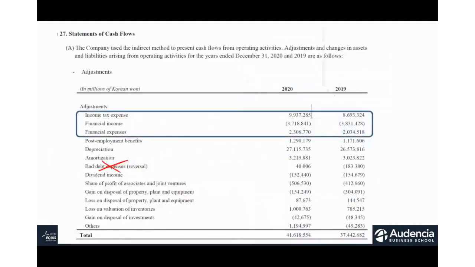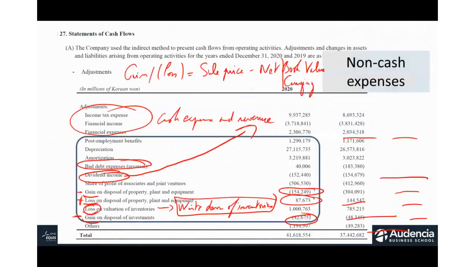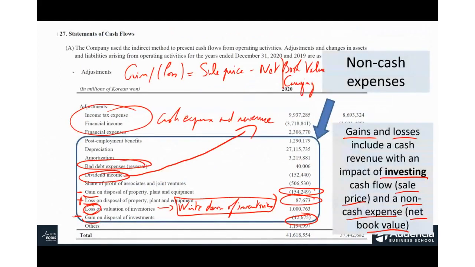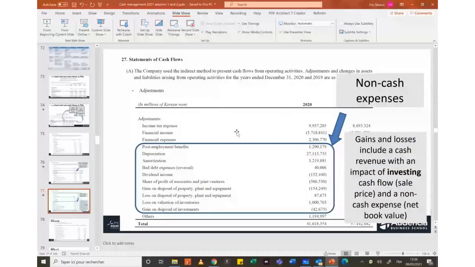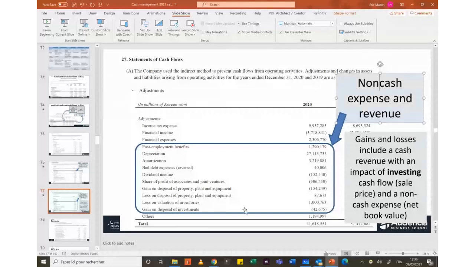So don't forget, in this part, the dividend income is not a non-cash expense or revenue. So here, discount. Here I have non-cash expenses and revenue, expense and revenue. But excluding, we can take this. We'll exclude the dividend income.